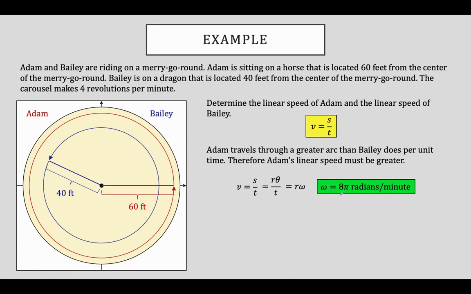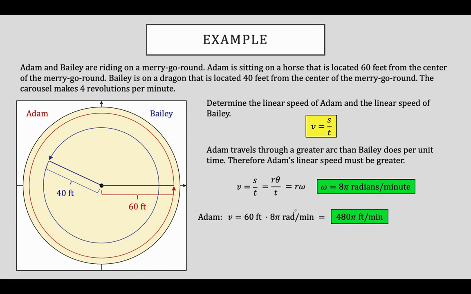So that means for Adam, his linear speed v is going to be his radius, which is 60 feet, times his angular speed, 8 pi radians per minute. 60 feet times 8 pi, well, that gives me 480 pi feet per minute. All right, and notice if you're thinking about the units, I have feet divided by minutes.